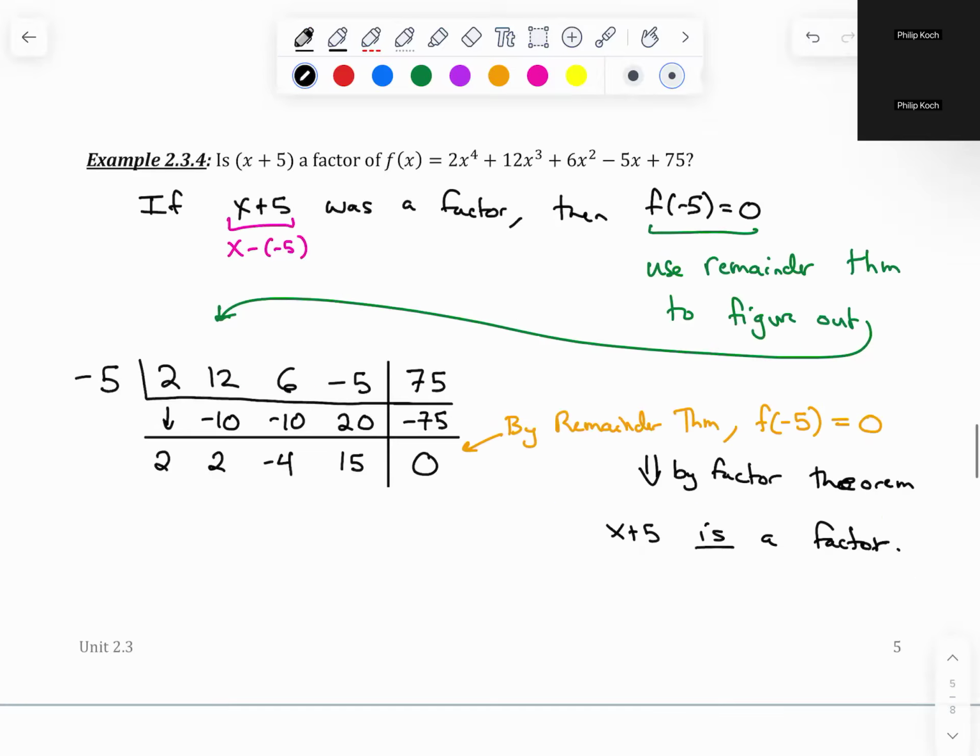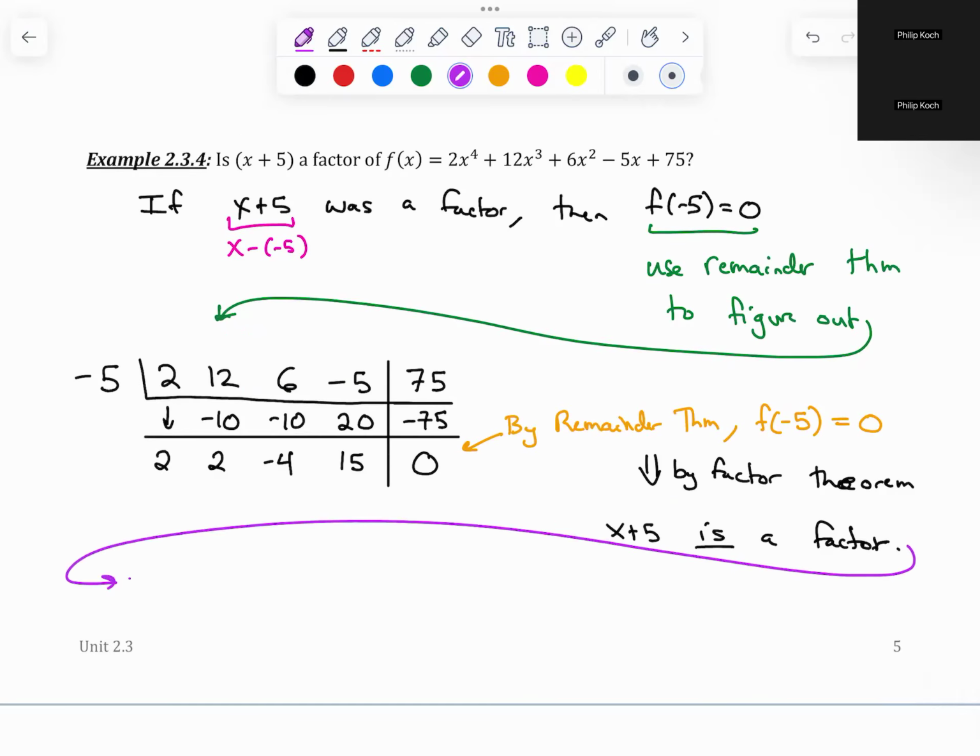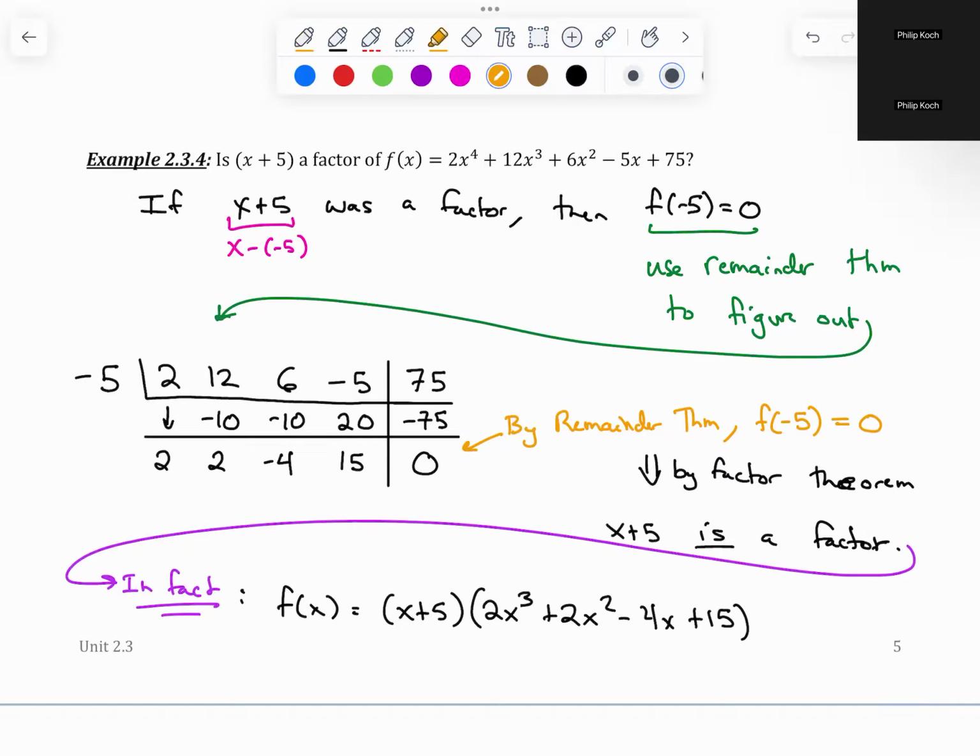In fact, f of x equals x plus 5 times 2x cubed plus 2x squared minus 4x plus 15. Let's use green.